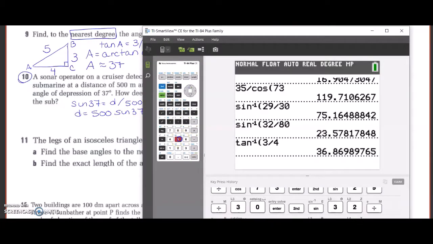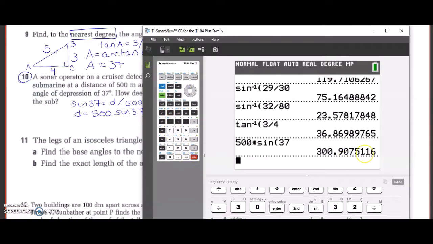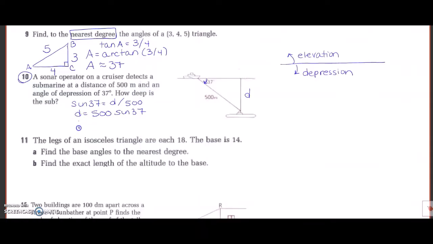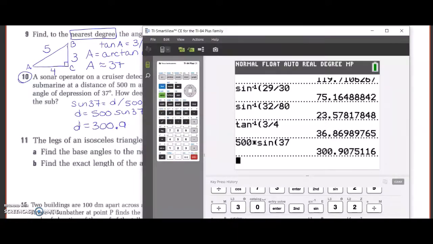So now 500 times the sine of 37 is about 301 feet, or if I'm going to one decimal place, 300.9.